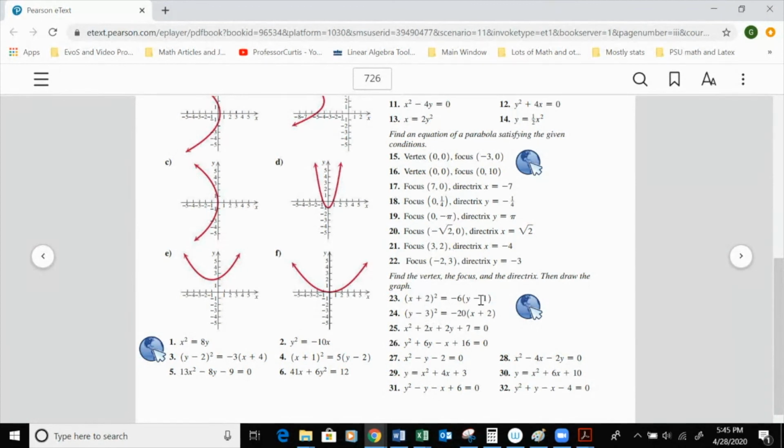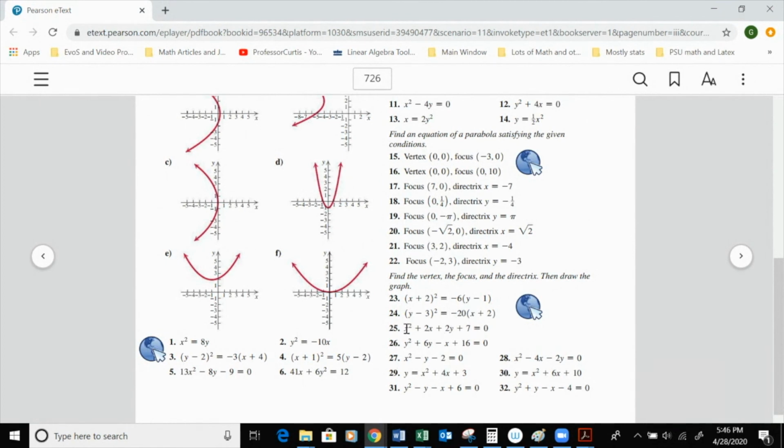There's an h and there's a k, if you remember that from last time. This one similarly, make sure you start with the x, don't get fooled. The vertex is at negative 2, this always flips, and positive 3, this always flips, and it goes backwards, right? So it's left and right.